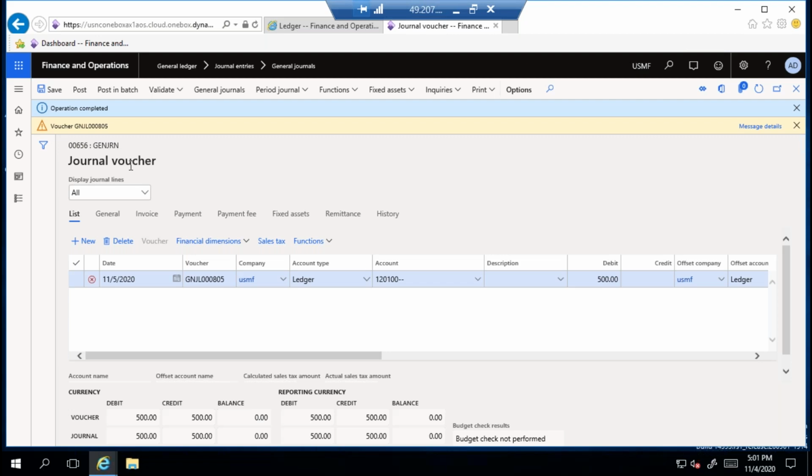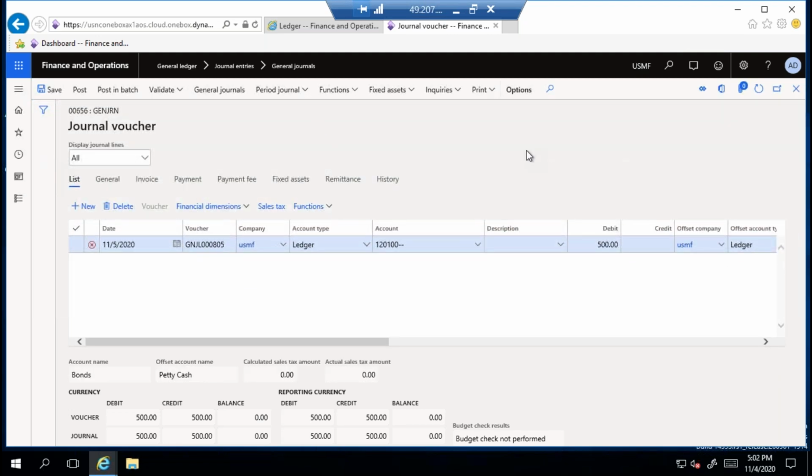Yeah, I'm back. So the accounting structure will be validated if you are posting any transaction. Any transaction, if you are posting to finance, then it will validate the accounting structure. Let me show you the error messages. What is the error message?